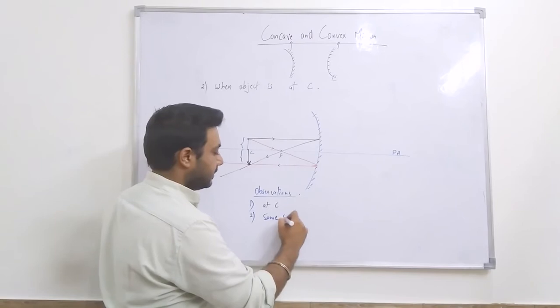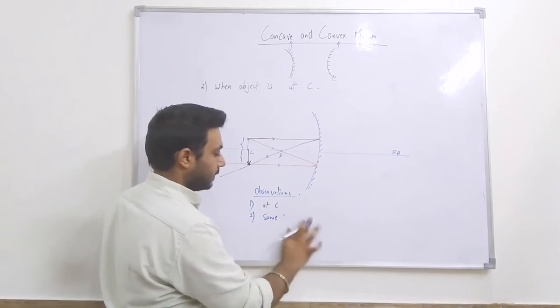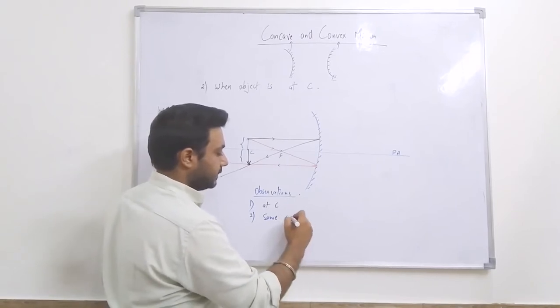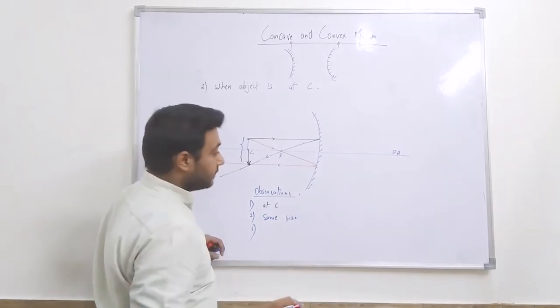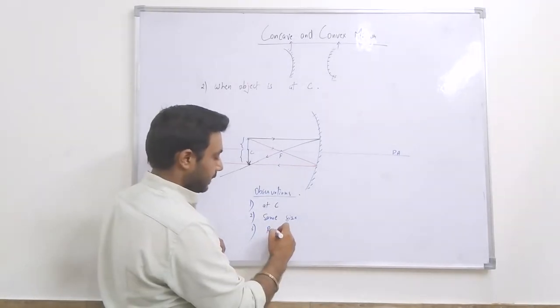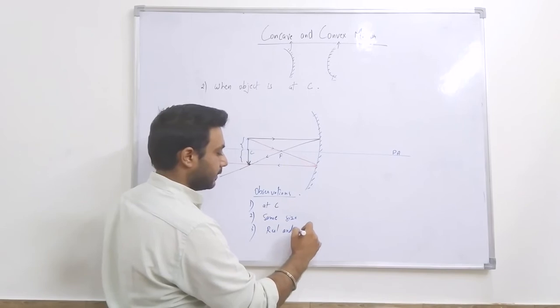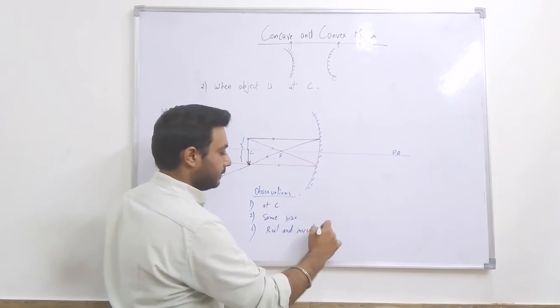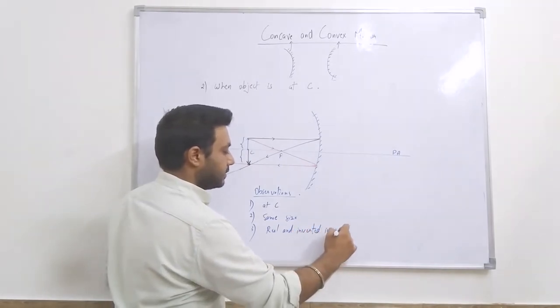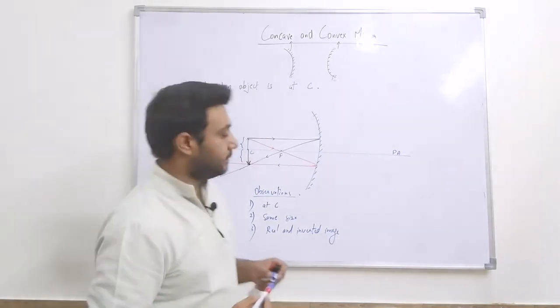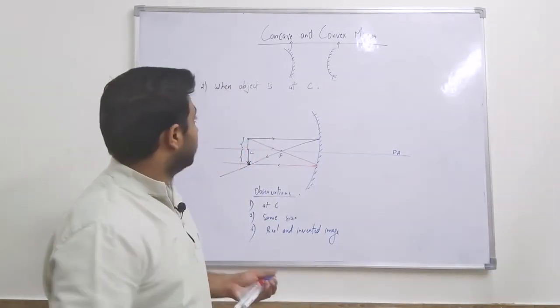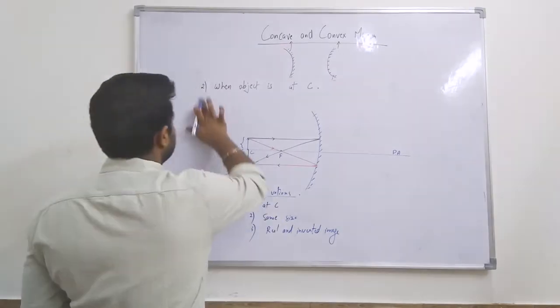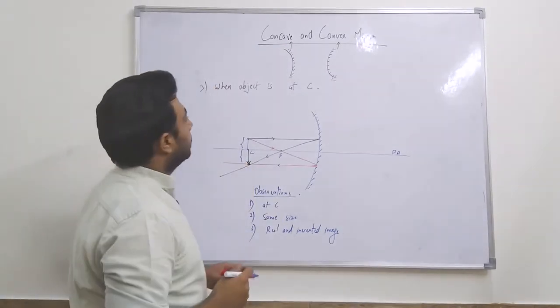So observation is same size. Third observation, again it is a real and inverted image. Now third case is done.